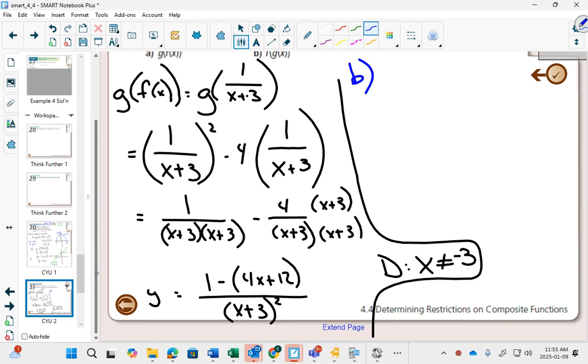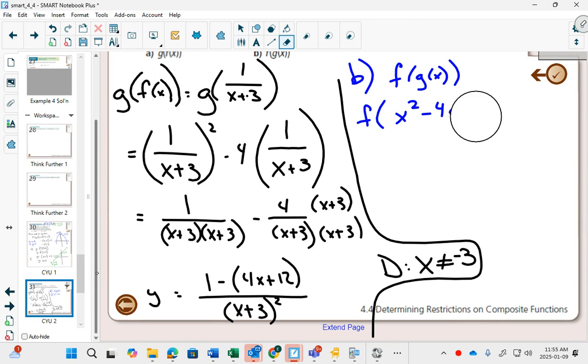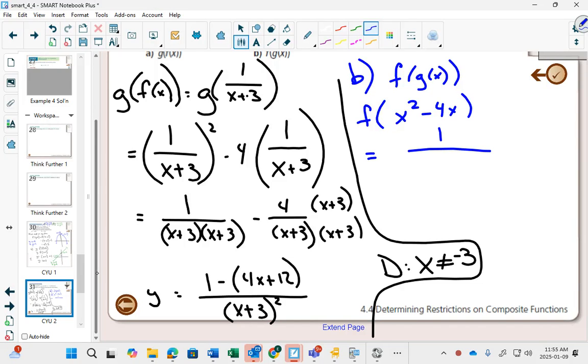I'll do B in blue. F of g of x. So now g of x says whatever you plug in, it'll just be x squared minus 4x. And f says whatever you plug in, you do 1 over that and add 3.